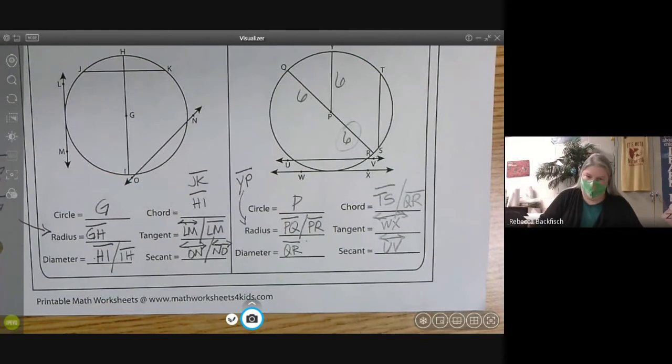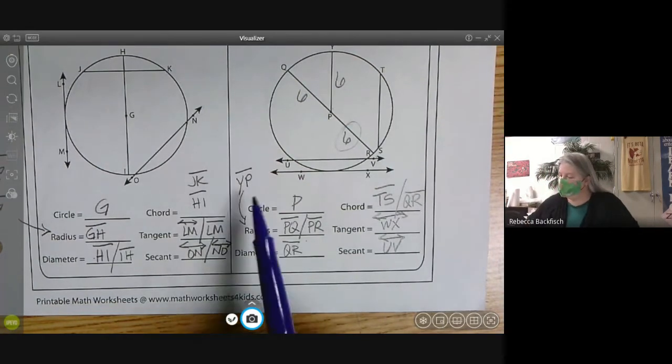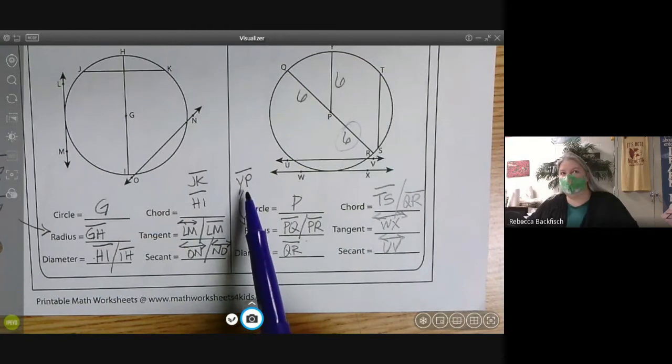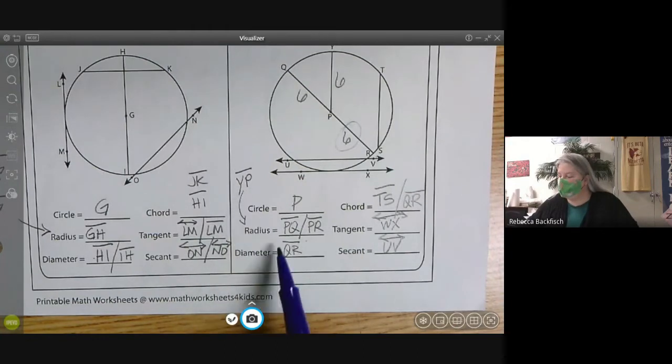Yes, ma'am. Absolutely. Yeah. And that's what up here mentions YP. Remember, with segment names, you can go either way. So this could be QP, or it could be RP, or it could be PY. Good call.